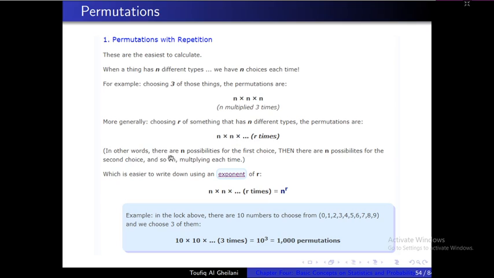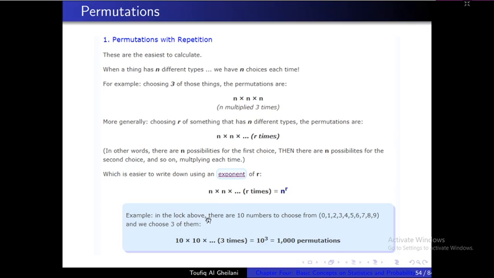In other words, there are n possibilities for the first choice, then n possibilities for the second choice, and so on, multiplying each time, which is easier to write down using an exponent of r. So n times n times n, r times, equals n to the power r.